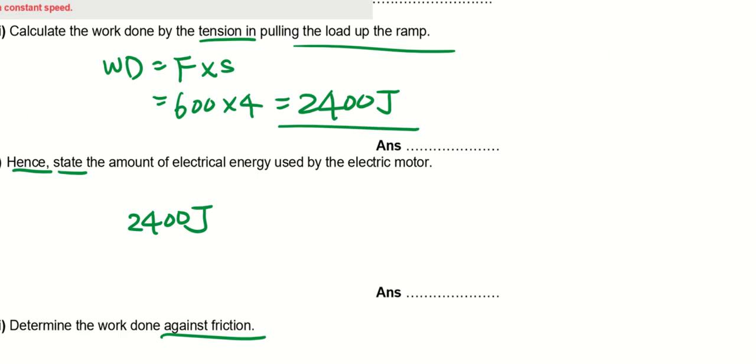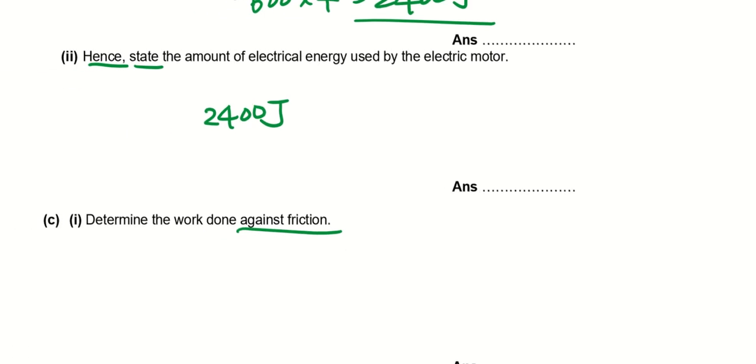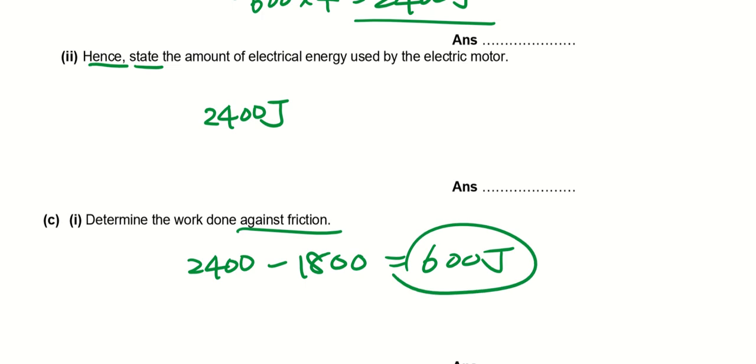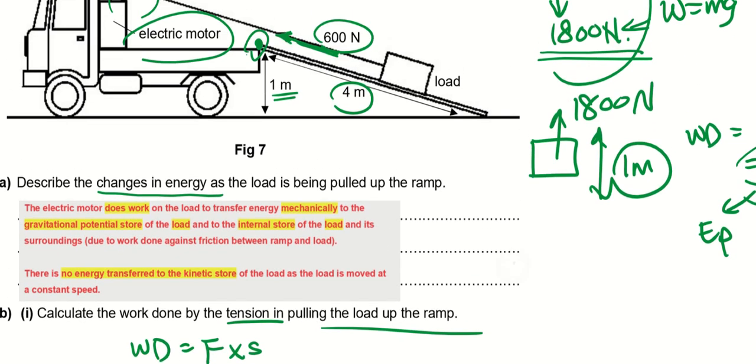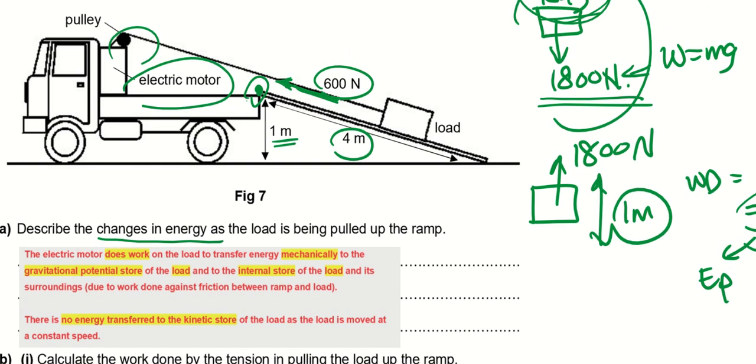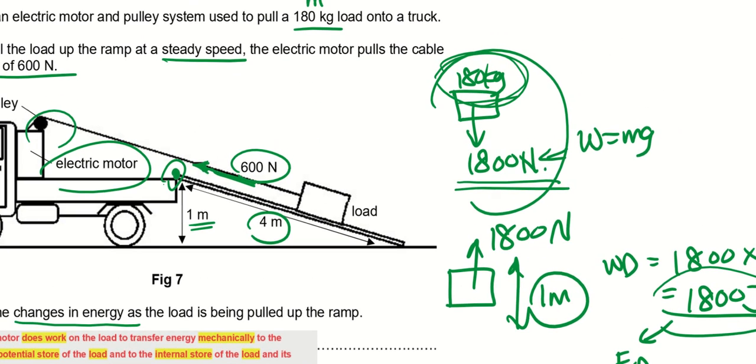Okay, so of course in the ramp there is friction. So the 2400 joules, subtract away the 1800 joules. This is the work done against friction. Okay, so we are actually using 600 joules to do work against friction. Then somebody might say, why don't we just lift it up? Like what I explained just now, this is a mass of 180 kg.